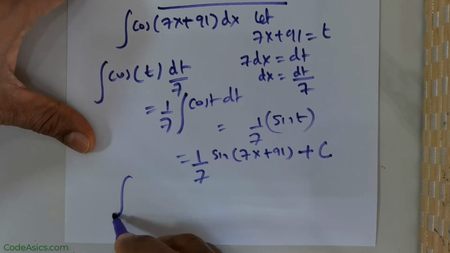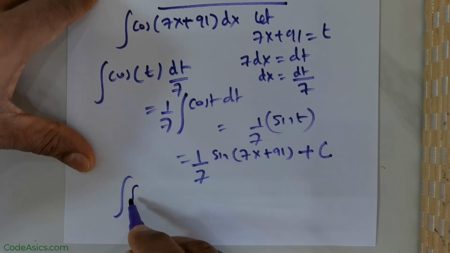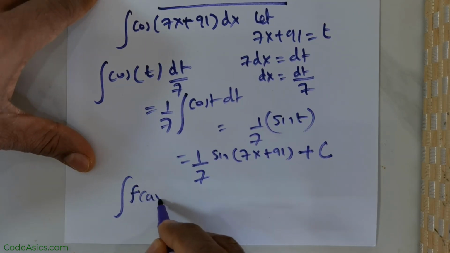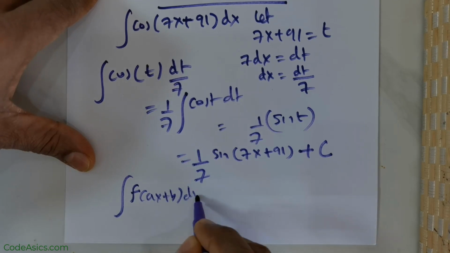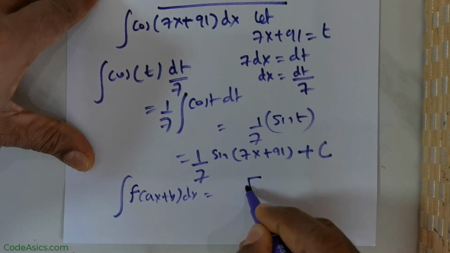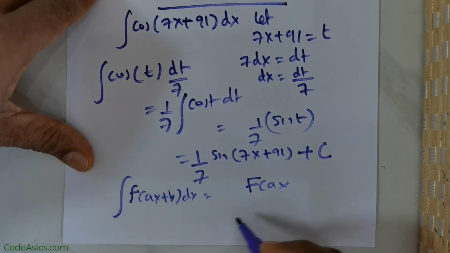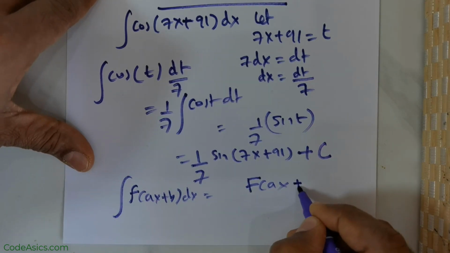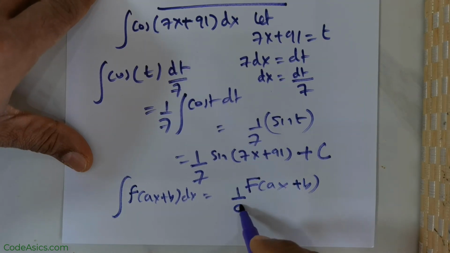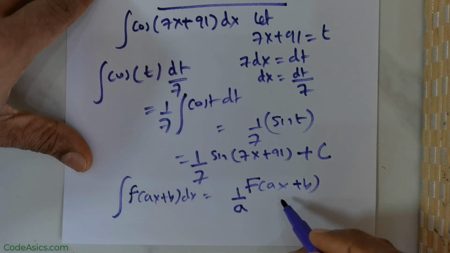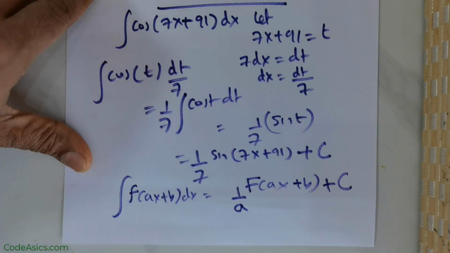Now there is a formula that you will have to know. Suppose you have integral f of (ax + b) dx, then this is going to be 1 over a times capital F of (ax + b), where capital F actually means the integration of the function f, and add the arbitrary constant.